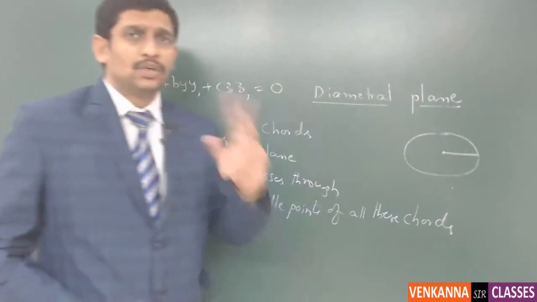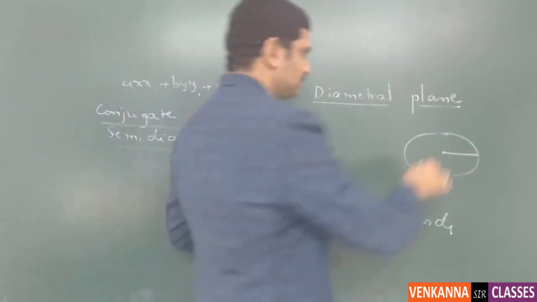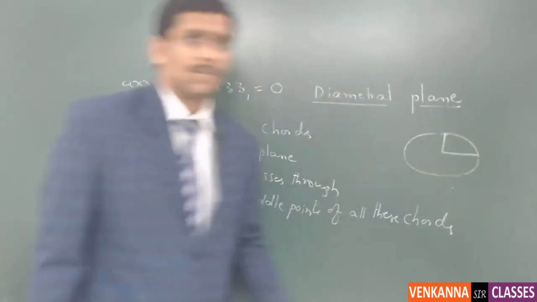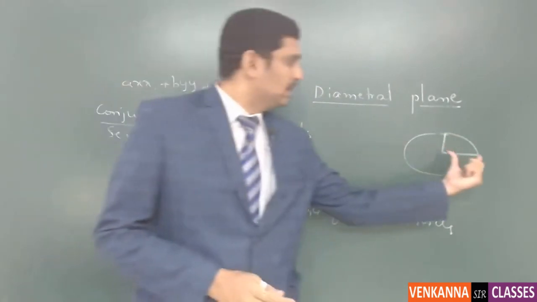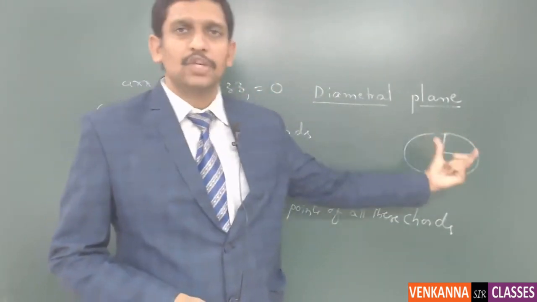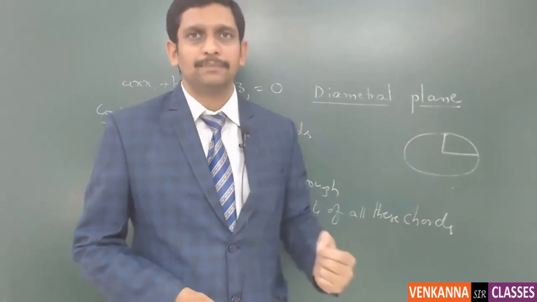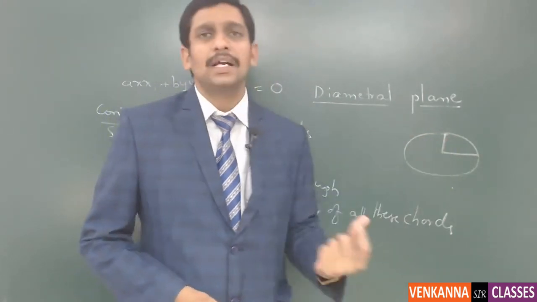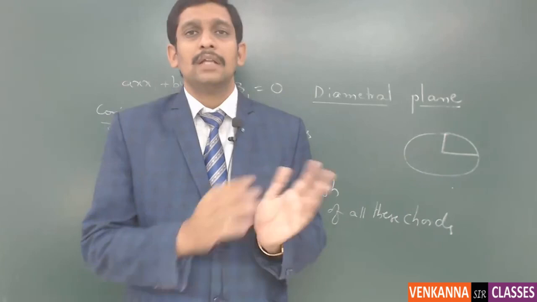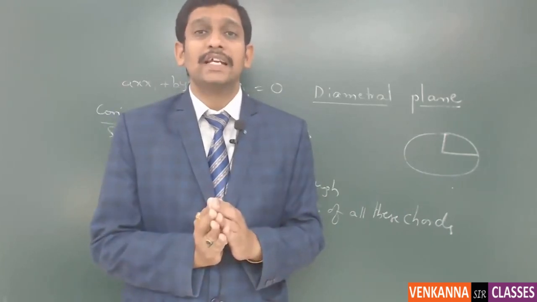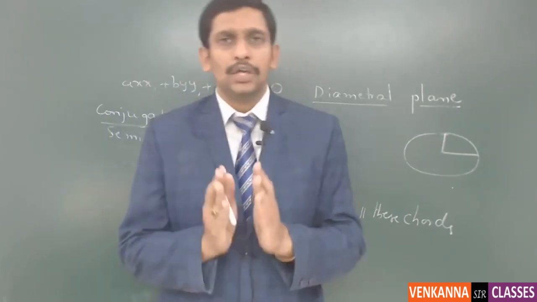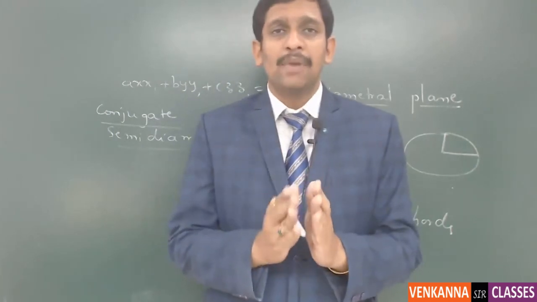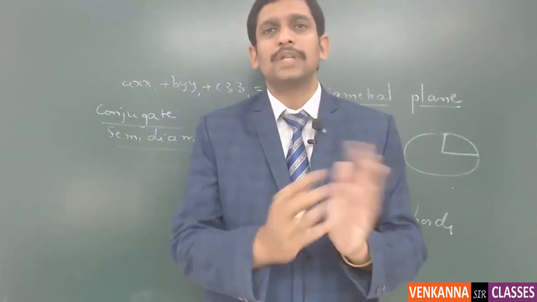If you take two semi-diameters, please understand, their lengths are different. You are taking the different lengths of them. So if you consider semi-diameters, they are called as conjugate semi-diameters if you consider diameter plane of one, it passes through the other.